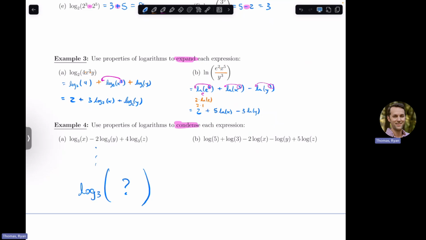Since that one is subtracted, right? Okay, so think more about the sign part of it.